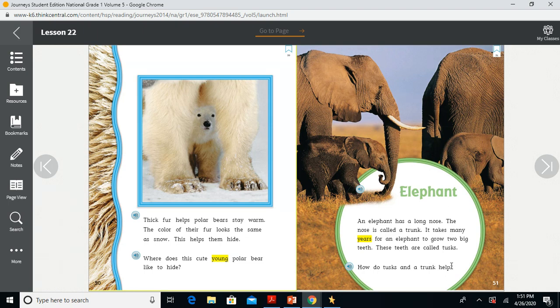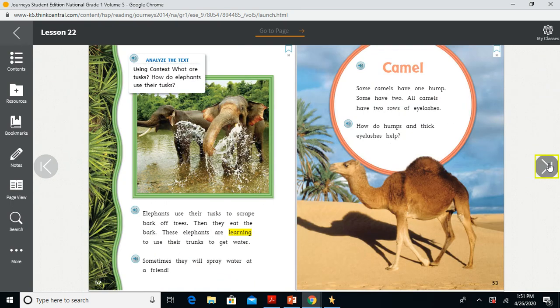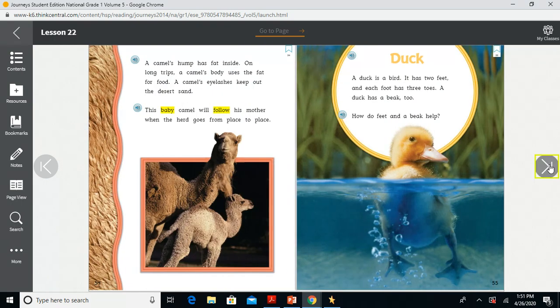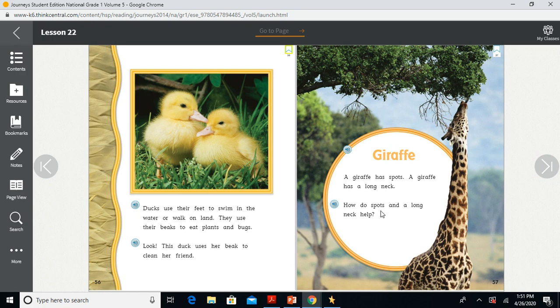So I hear the word help, and I also heard the word help over here about polar bears. Let's see what else. Ooh, how do humps and thick eyelashes help? How do feet and a beak help? How do spots and a long neck help?